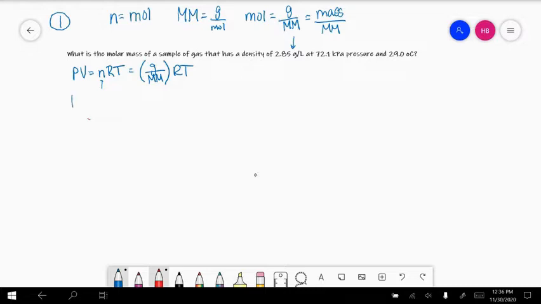So let's make it so we have grams on top, and then molar mass and volume on the bottom. So this can be replaced with density.